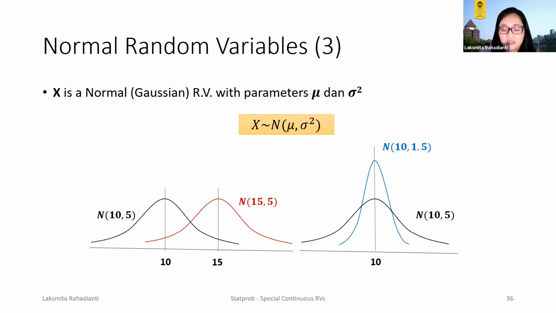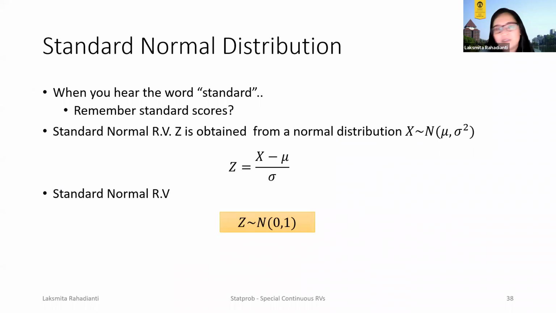There are so many differences here. So as already learned in descriptive statistics, instead of trying to compute these details for every single possible distribution, why don't I standardize my normal distribution? I want all of them to be centered at 0, and I want to use the standard deviation, whatever it is, as a unit of measure.